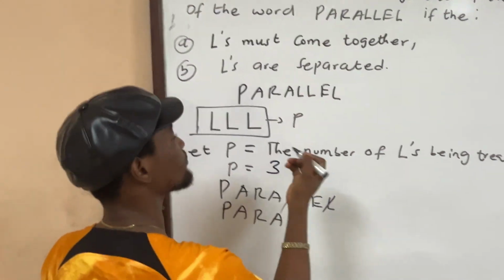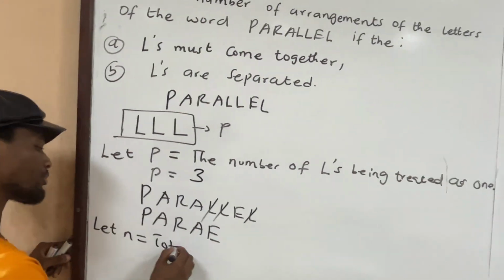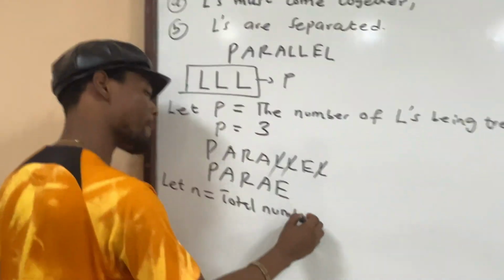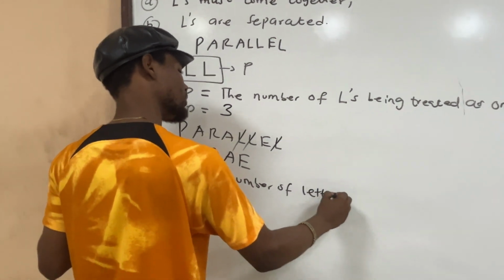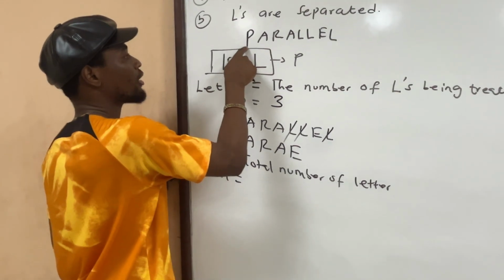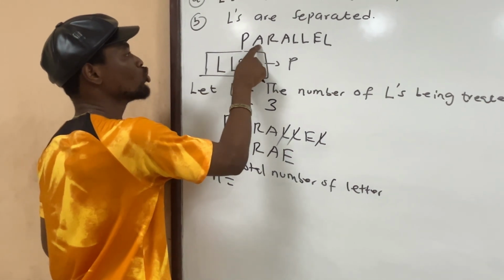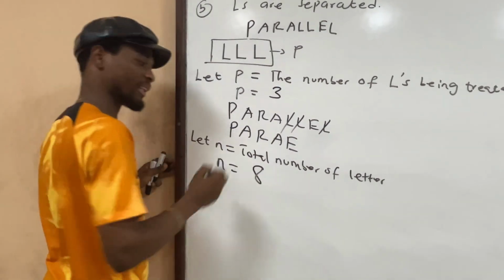So let N denote the total number of letters. My N here is equal to, parallel has how many letters? 1, 2, 3, 4, 5, 6, 7, 8. It has 8 letters.